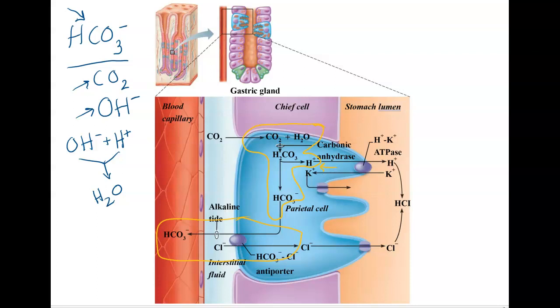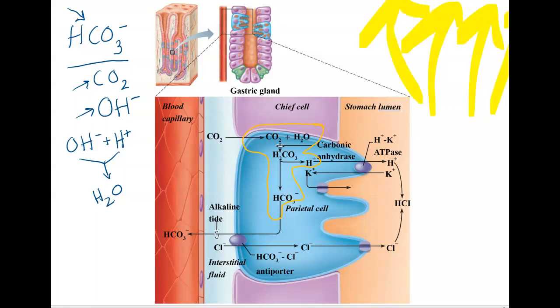So here's where that differs with the parietal cell. If this person is profusely vomiting and they're losing hydrochloric acid, so let's say they're losing 4 hydrochloric acid molecules, then we've got to replace those, right? Because the stomach will want to remake the hydrochloric acid so that it has homeostatic levels.